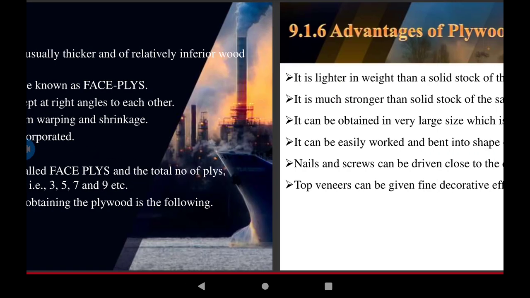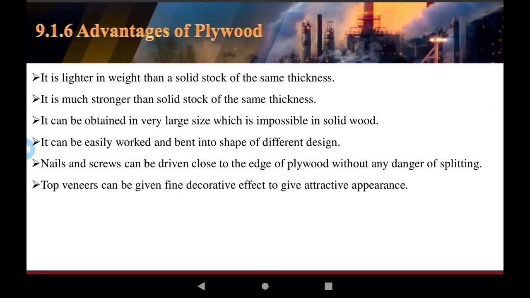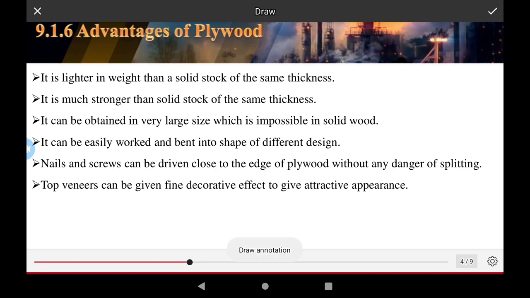The advantages of plywood: it is lighter in weight than solid stock of the same strength and the same thickness. It is stronger than solid stock of the same thickness.